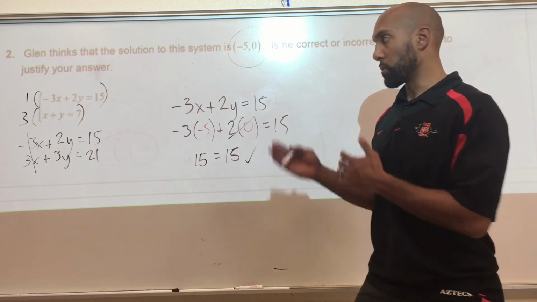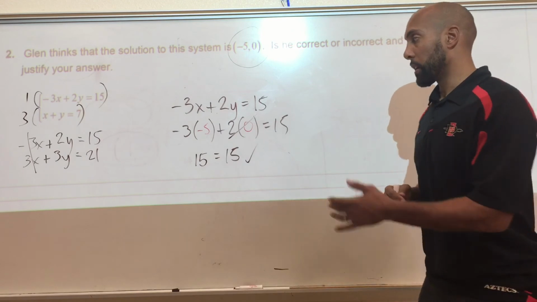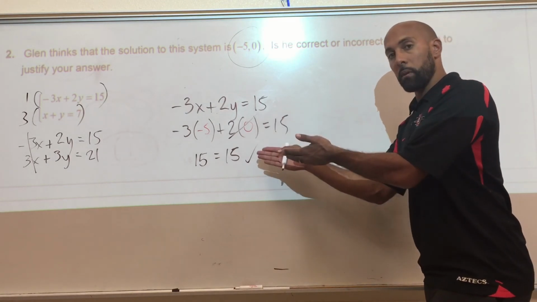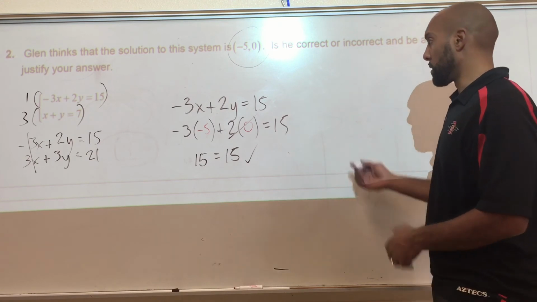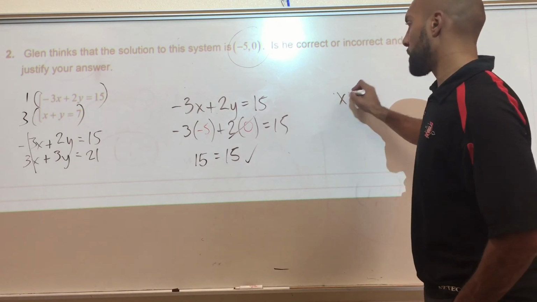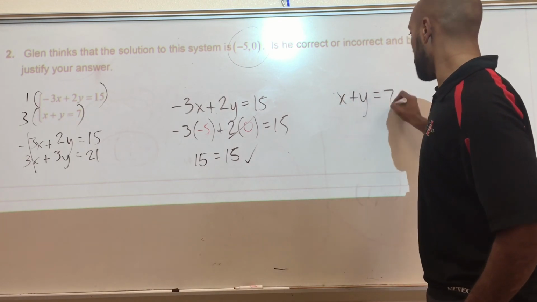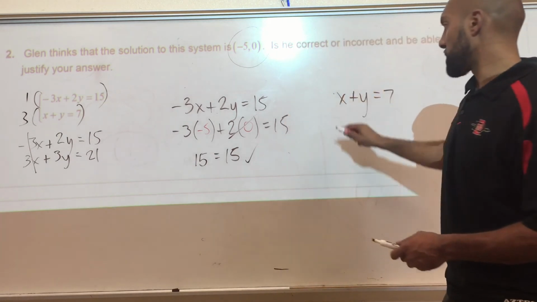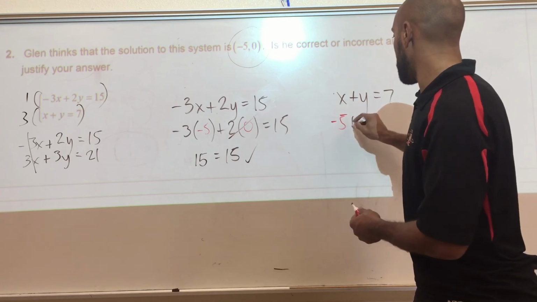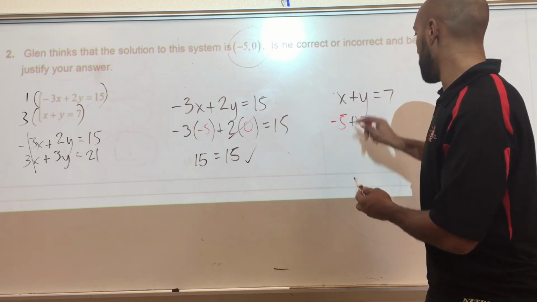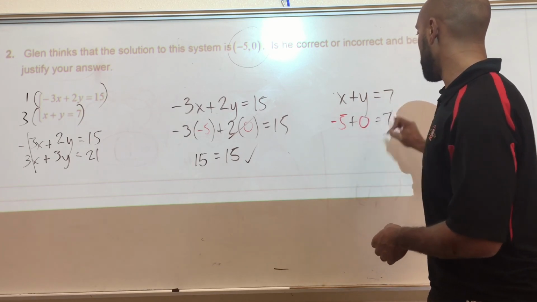So then I know it works for that one. But here's the thing. Don't just check one, you got to check both, because it may work for one of them, but it has to work for both equations in order to be the solution. So now I'm going to check the other one, x plus y equals 7. I'm just going to plug in negative 5 plus 0 equals 7.